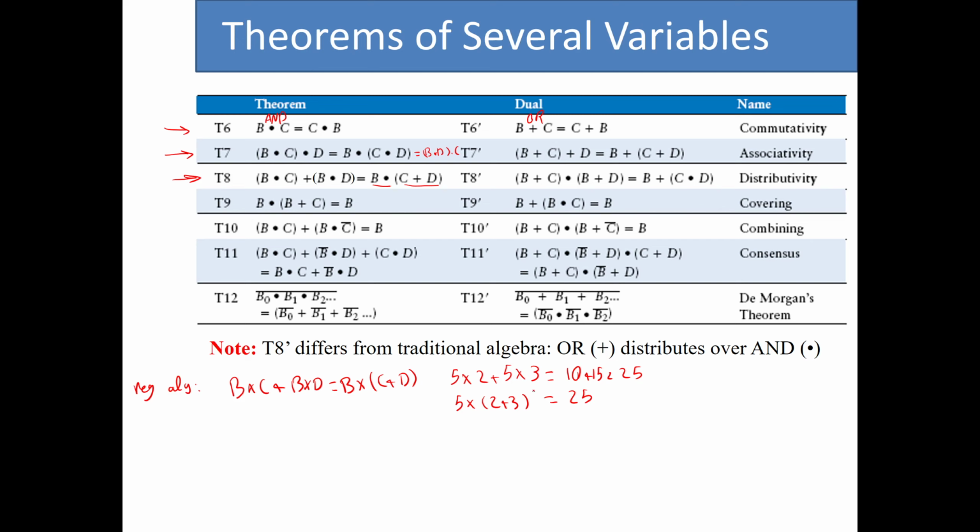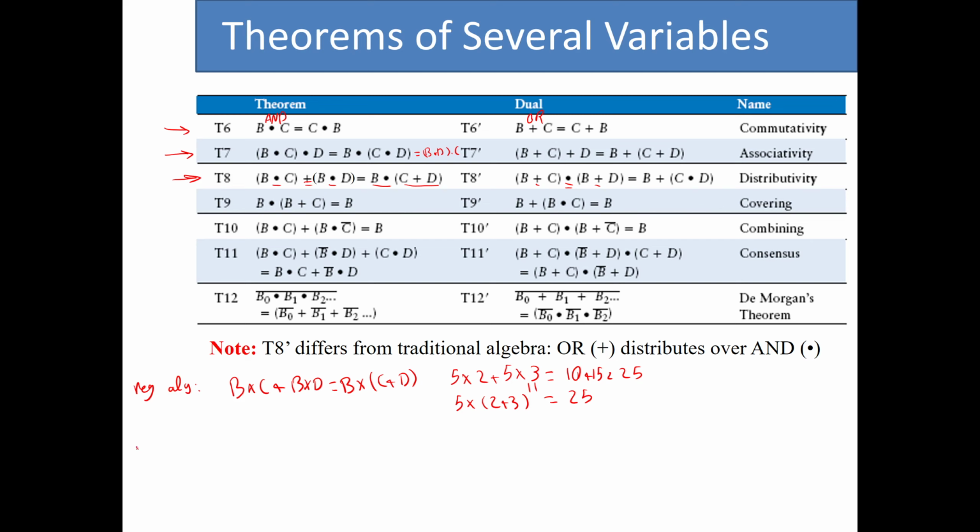So as you can see, these two are completely equal. So this is something that you have seen in regular algebra too. However, you cannot say the same thing about its dual, right? To create this dual, we replace any ANDs that we had with ORs, and any OR that we had with AND. And we did it for both sides of the equal sign.